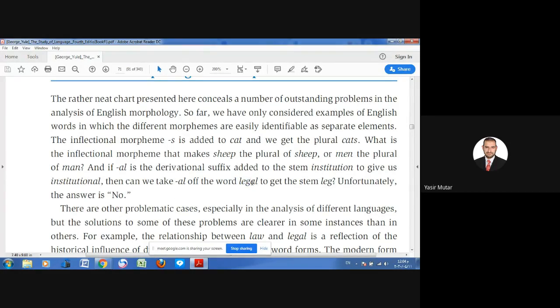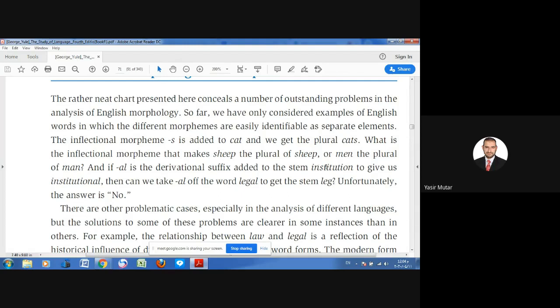So with legal, by splitting the word into leg and al, I cannot get the same word with the same meaning.